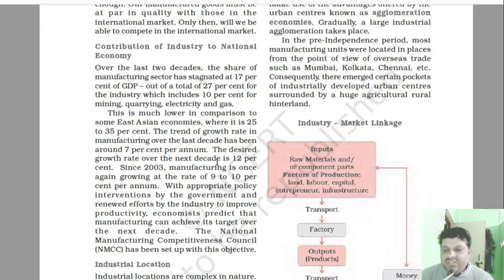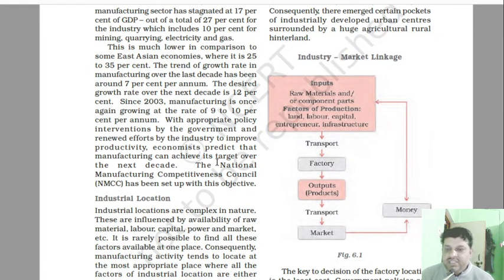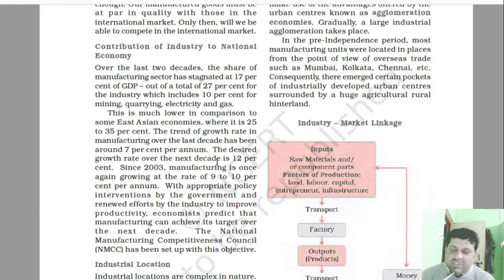The National Manufacturing Competitiveness Council, NMCC, has been set up with the objective of ensuring the growth rate of industry in the coming decades. So we came to know that in the Indian economy, the share of industry has been 27%. Out of 27%, the share of manufacturing is only 17%, in comparison to the 25 to 35% maintained by the East Asian nations.